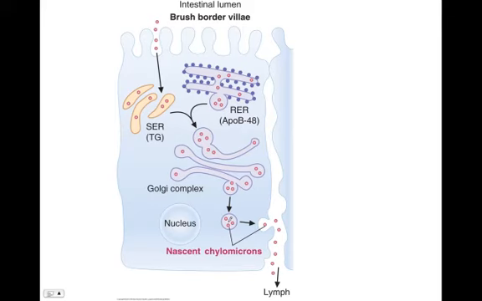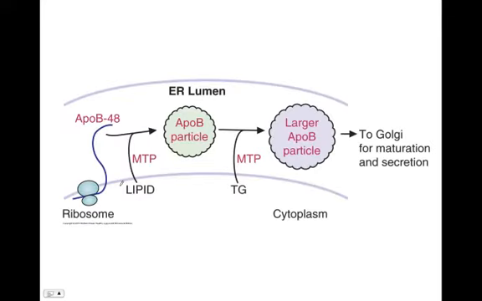a nascent chylomicron. Part of this process initially starts in the endoplasmic reticulum with the synthesis of ApoB48. This is a protein and is being translated in the endoplasmic reticulum.